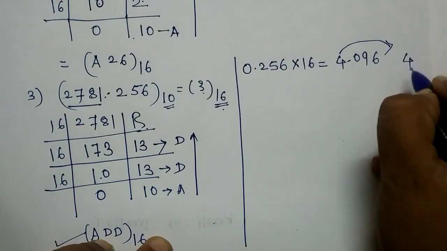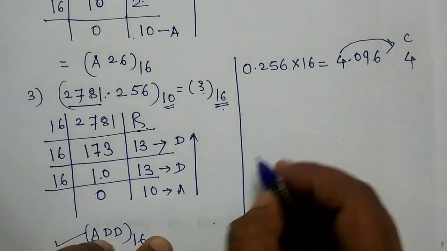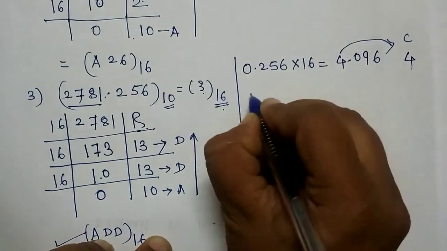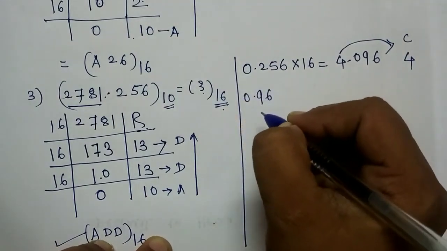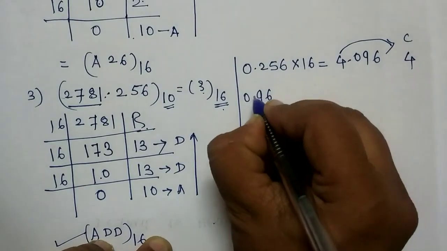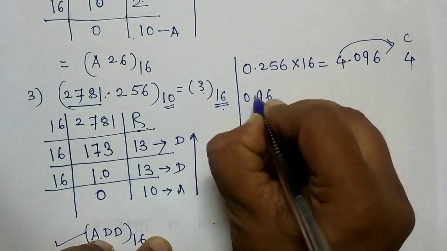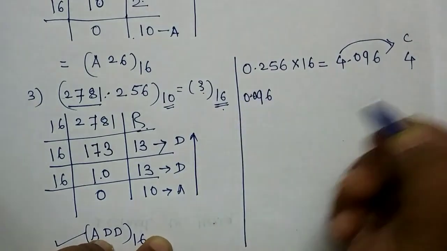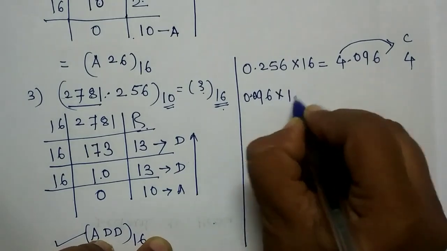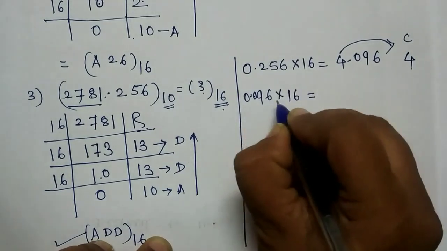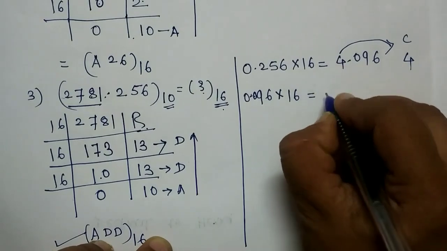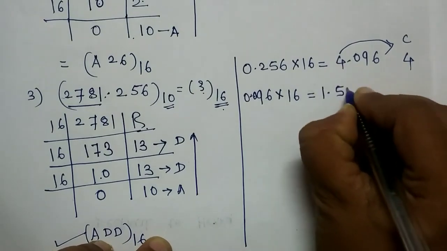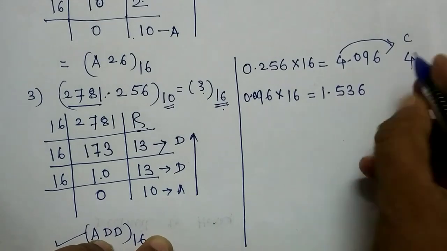So write down 4 here. It is nothing but a carry. Now take the fractional part, 0.096, multiplied again by 16. 0.096 into 16 will come to 1.536.